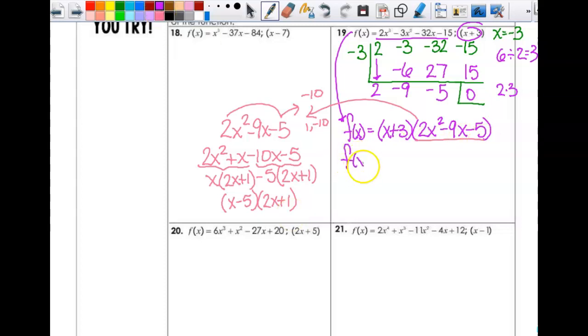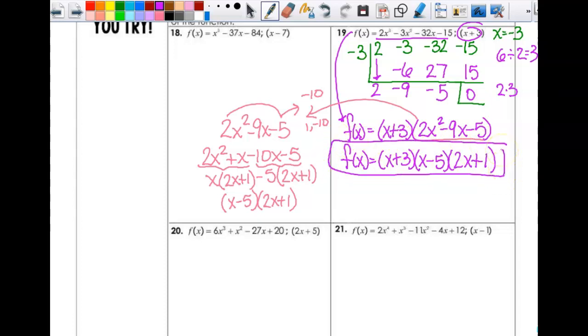So f of x is equal to x plus 3 times x minus 5 times 2x plus 1. So this is my fully factored form, right? And then my zeros would be x equals, my smallest one would be negative 3, then negative 1/2, then 5.